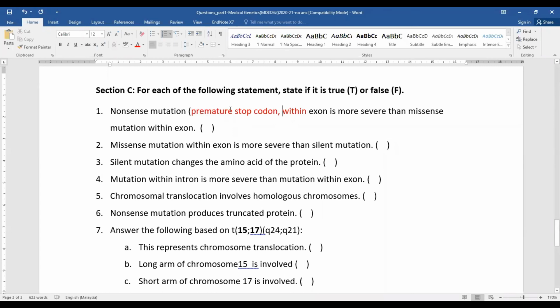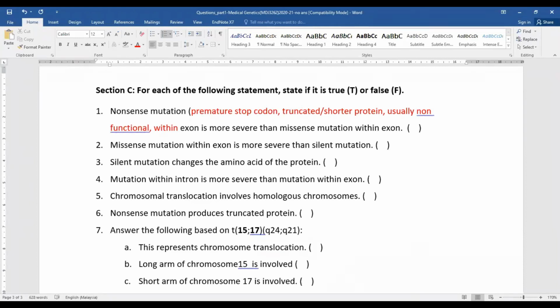Just like a premature baby born before term. So it introduced a stop codon before the actual stop codon because of mutation, insertion, deletion. It can be a point mutation. So you get a truncated protein, truncated or shorter, same meaning. Usually non-functional. Okay, so because it's usually non-functional, it's deleterious, so it's severe.